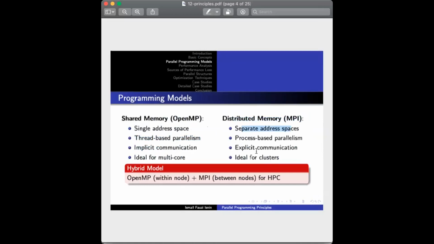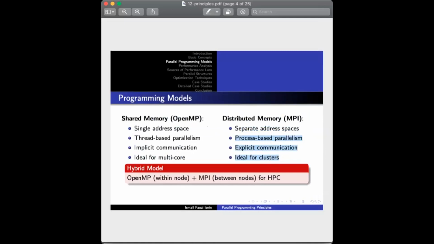All communication must be explicit, meaning data must be packed and sent over a network fabric. This is ideal for multi-node computing clusters. This is how it works for MPI.